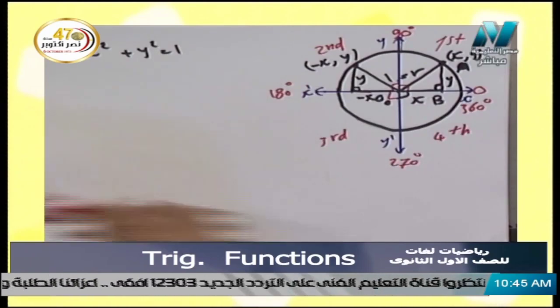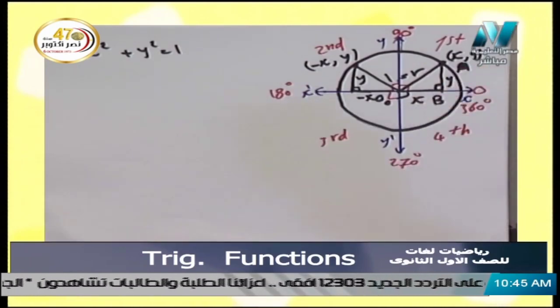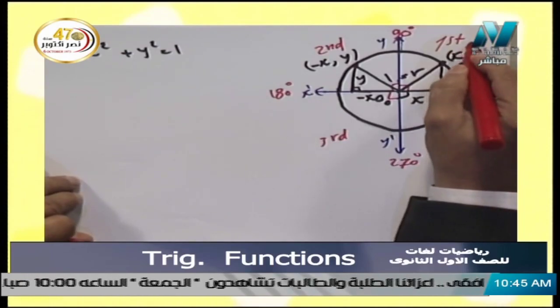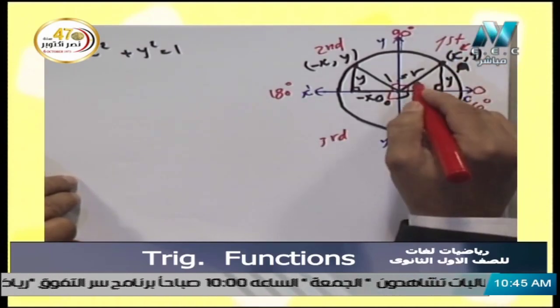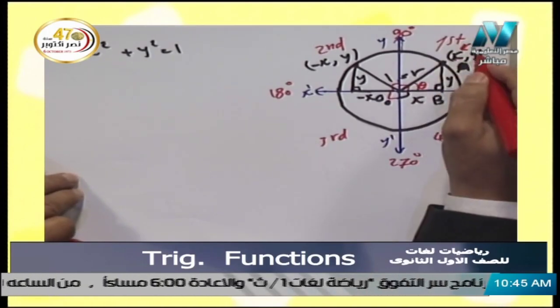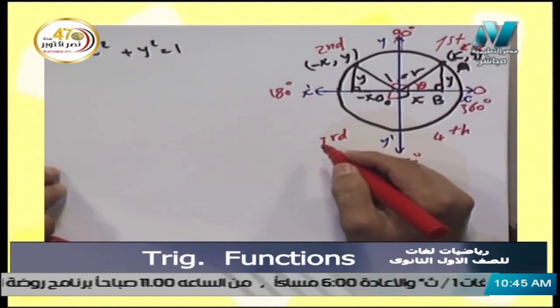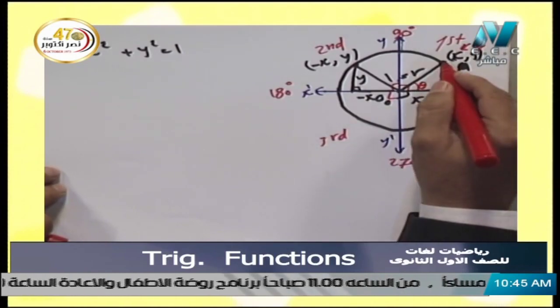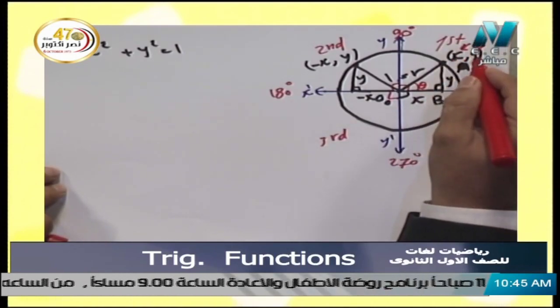Let's return again to x and y. We know that if we call this angle theta, x is cosine theta and y is sine theta. So in the first quadrant, x is positive and y is positive.